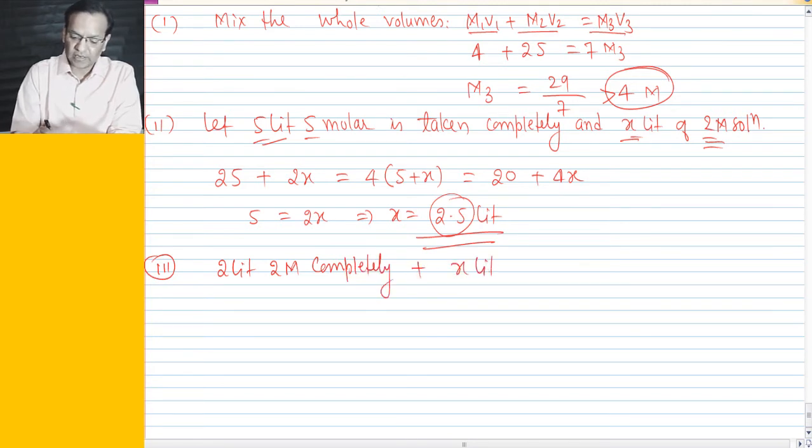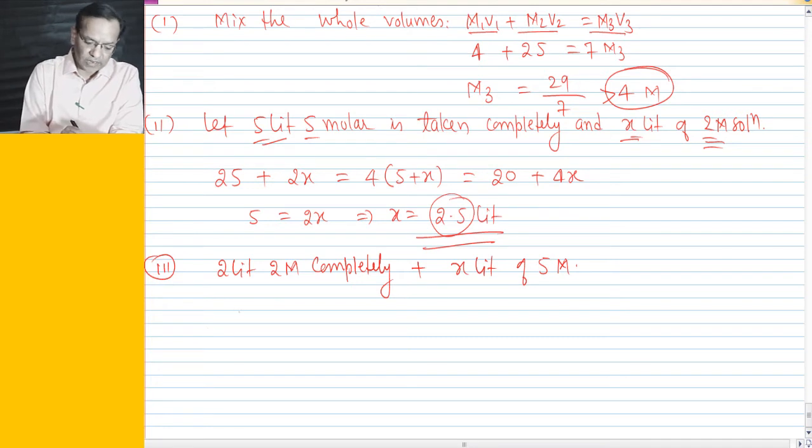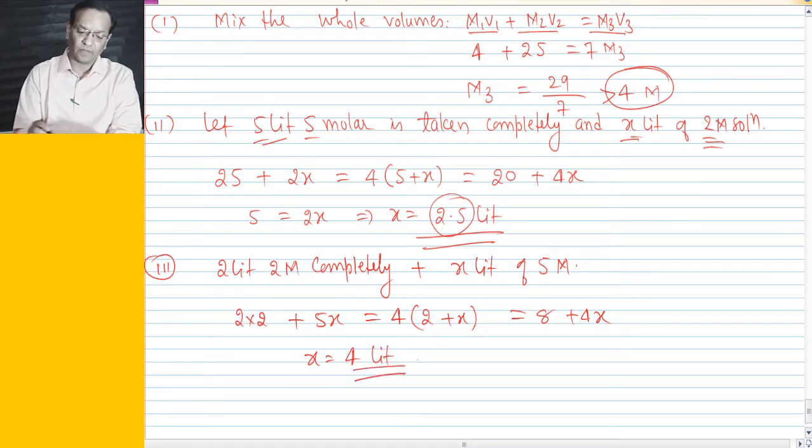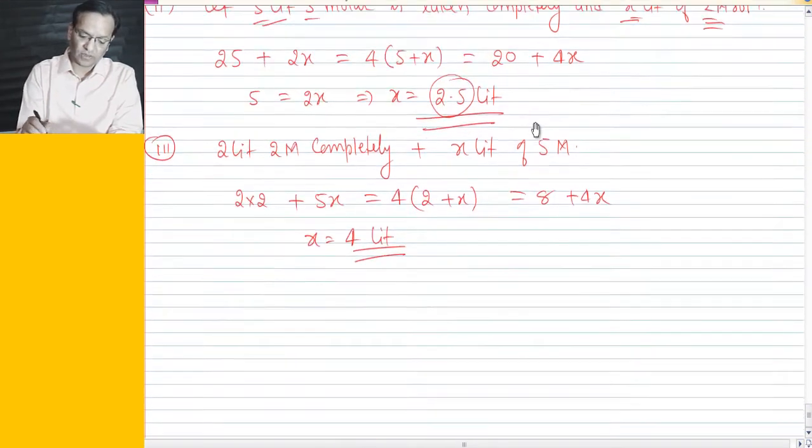Now if we apply the same formula, it will be 2 into 2 plus 5x giving 4 into 2 plus x. So it is 8 plus 4x, so x will be 5x minus 4x. X will be equal to 4 liter, which is possible since we have available 5 liter of this solution.